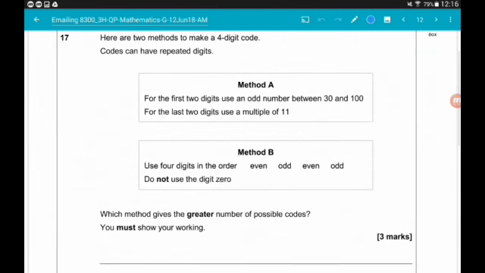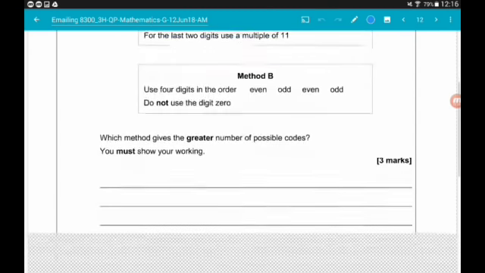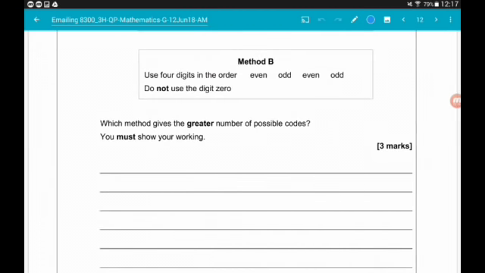Method B says use 4 digits in the order even, odd, even, odd. We're not allowed to use the digit 0. We want to work out which method gives the greater number of possible codes.